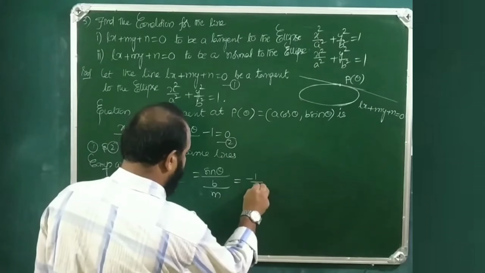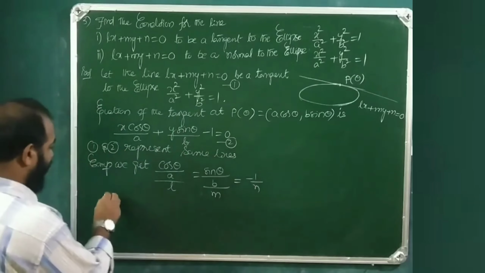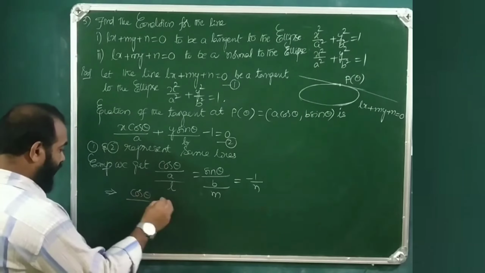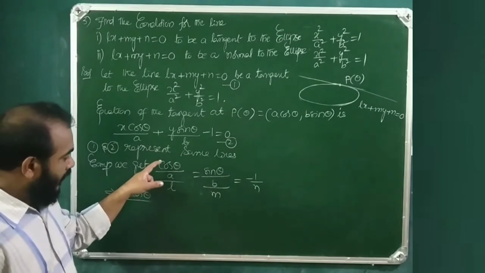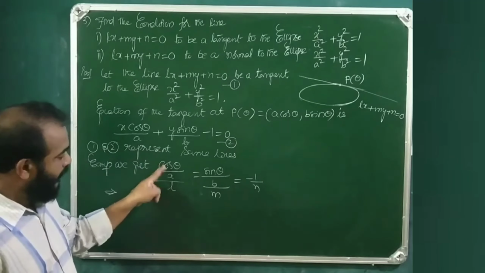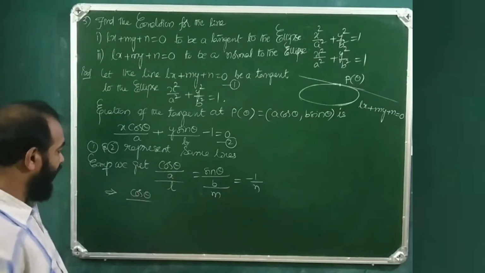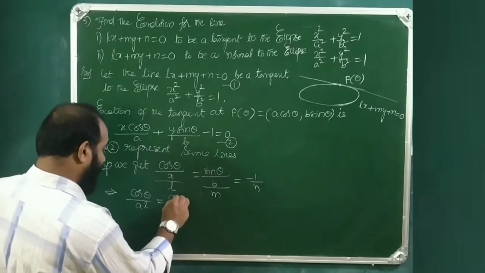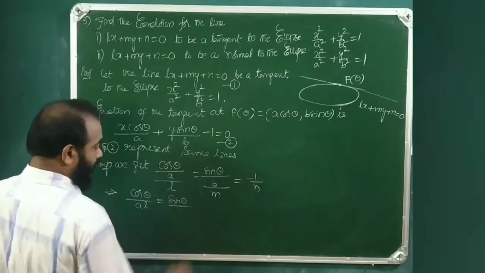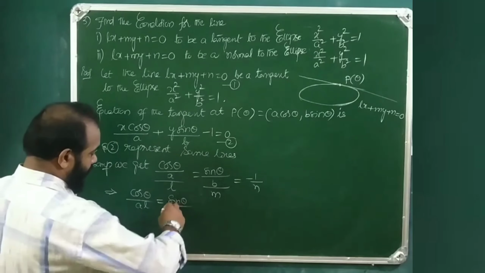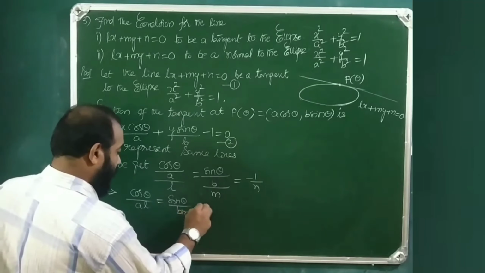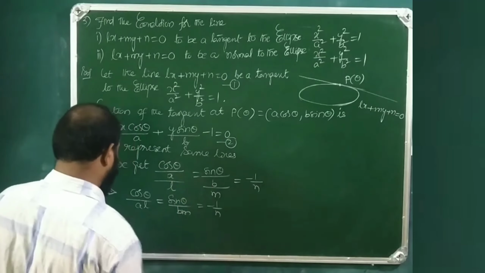So minus 1 by n. From this, cos theta by al is equal to sin theta by bm is equal to minus 1 by n.